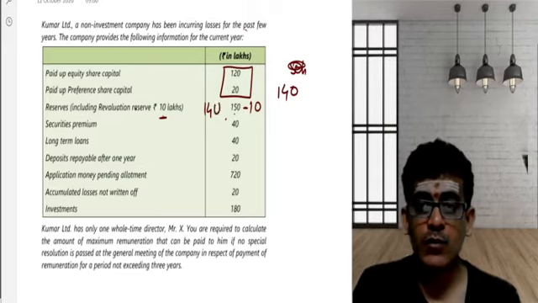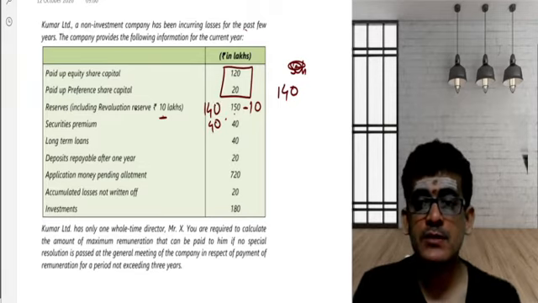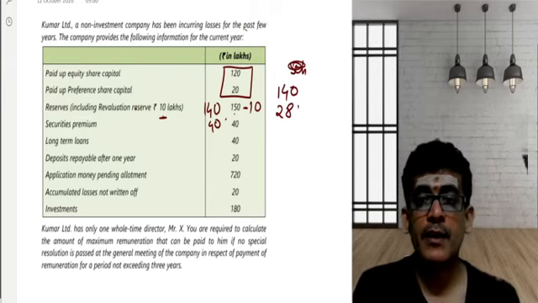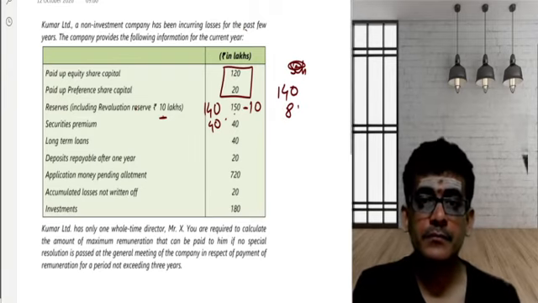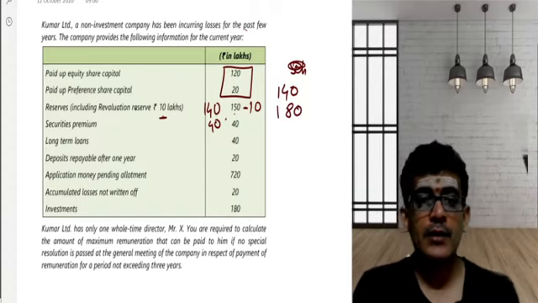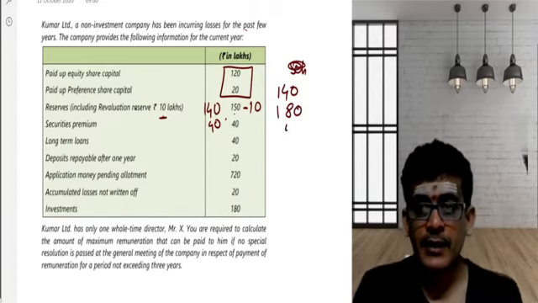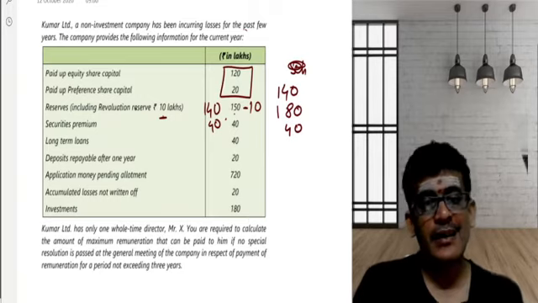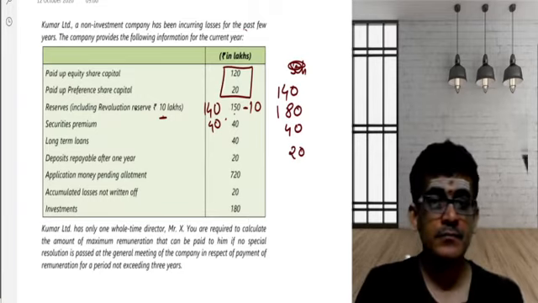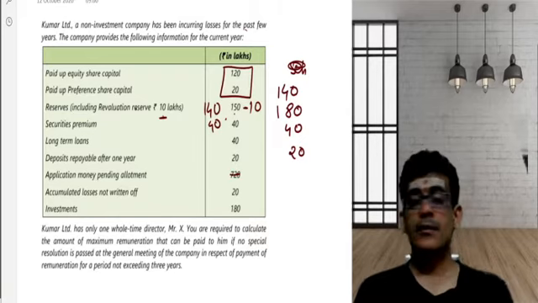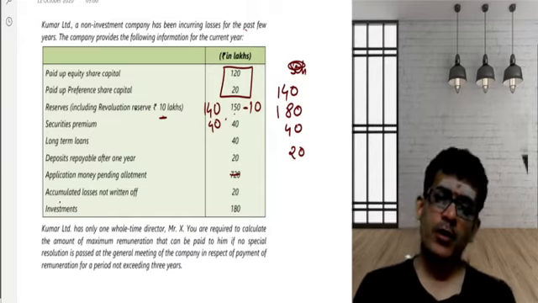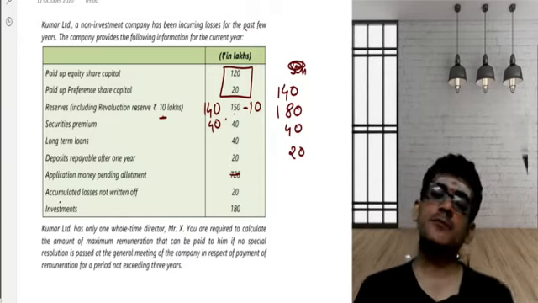My reserves I can consider as 140 plus 40, that is 180. And long-term loans you are having, I can consider my long-term loans as 20. Deposits returnable after 1 year, I will consider as 20. We won't be considering the share application money pending allotment. So accumulated losses will reduce this, investment will reduce this.